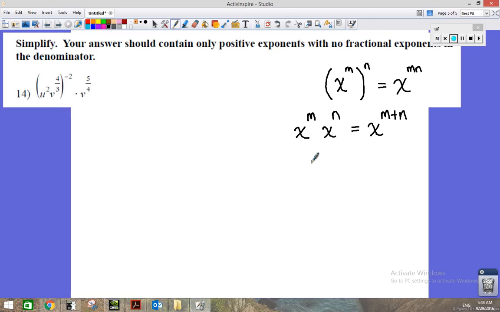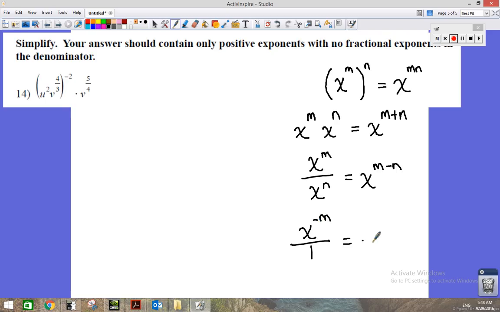If you have division and you have the same base, where with multiplication you added the exponents, with division you subtract the exponent in the numerator minus the denominator. If you have a negative exponent, it does not make our answer negative.